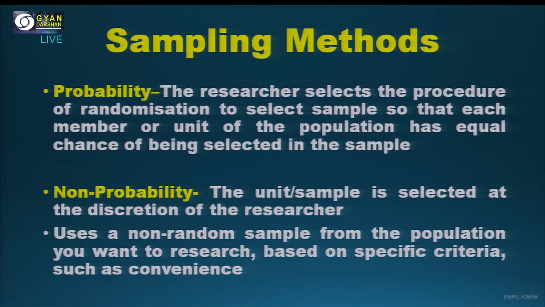We don't have to look for any probability methods to select. Each member doesn't have the probability. So it is up to the researcher whom to select as a sample for data collection. That technique is the non-probability sampling method.